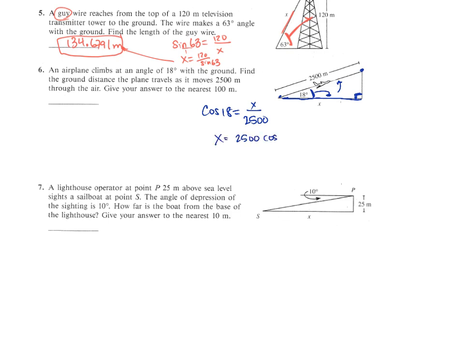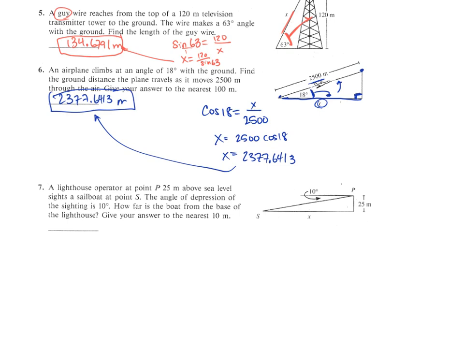So x will be 2,500 times the cosine of 18, which comes out to be 2377.6413. And yes, this should be less than that because the hypotenuse will always be bigger. So that's what this answer is, 2377.6413 meters.